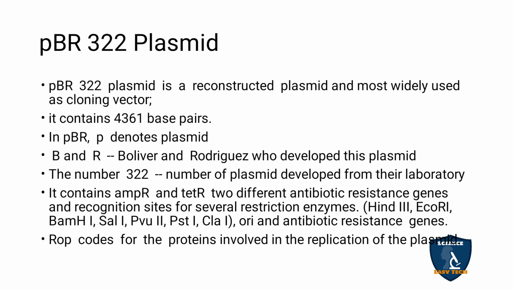In pBR, p denotes plasmid, and capital B and R denote the scientists Bolivar and Rodriguez who developed this plasmid. And the number 322 is the number of the plasmid developed in the laboratory.